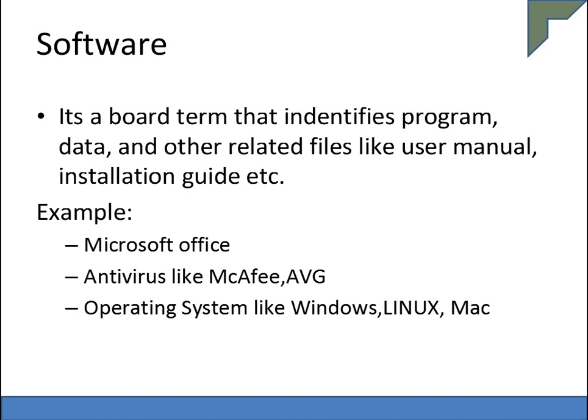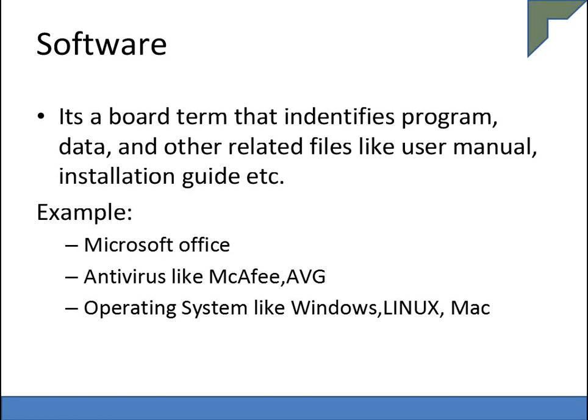A program, as I said, is a small entity, but with software we talk about the big picture, where we have a lot of collection of programs, a lot of data, user manuals, and the installation guide. A program can be written by a single person, but software actually requires a team to do it.